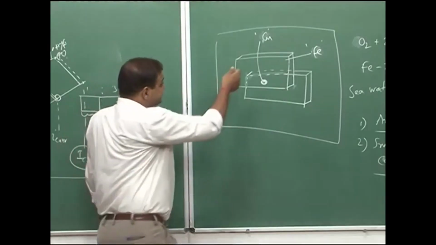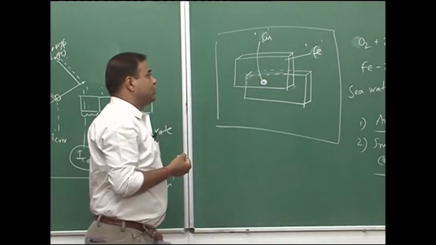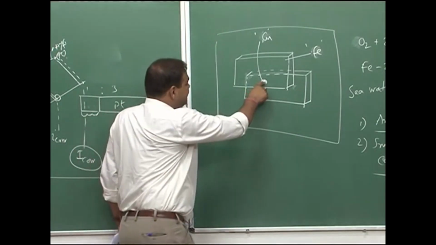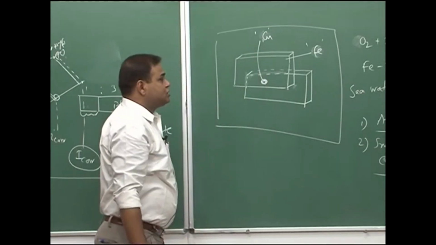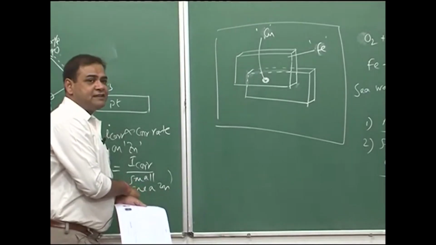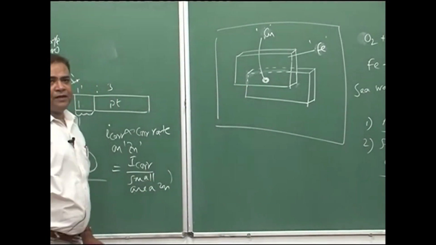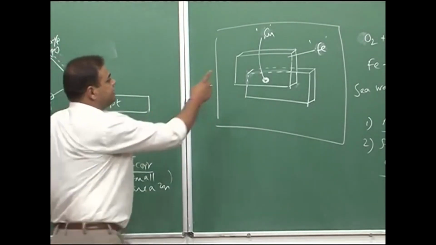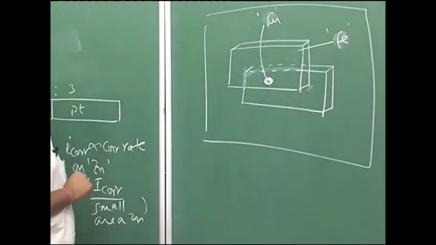Why? Still in the sea water, iron will act as anode, copper will act as cathode, but the area of the anode is much higher compared to the area of the cathode. So, the number of anodic reactions would be less, since the area available for cathodic reaction is less, and consequently the corrosion of the iron plate would be much slower.